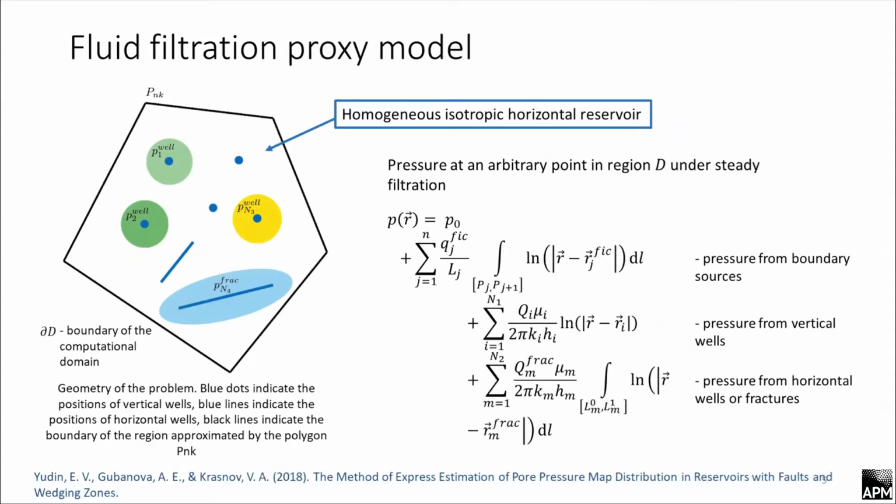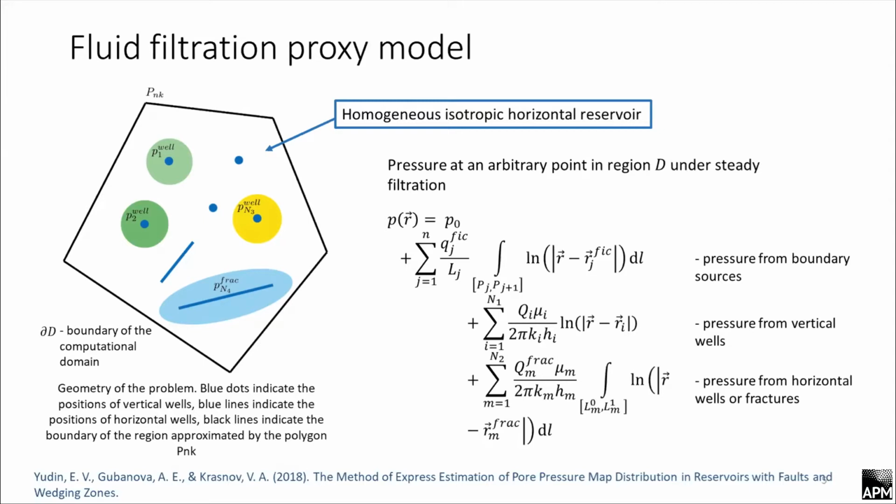It's based on the boundary element method, where we represent our reservoir as a flat surface with a contour which is divided by a polygon of linear sources, on which we have to obtain boundary conditions which are given by the geometry of the reservoir.